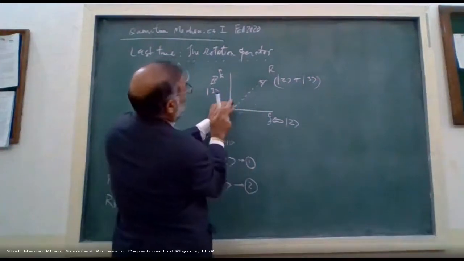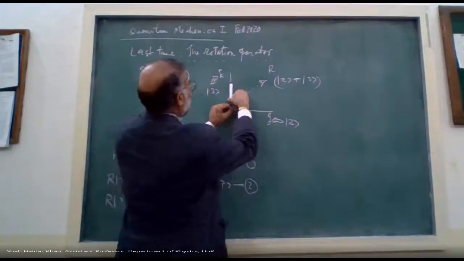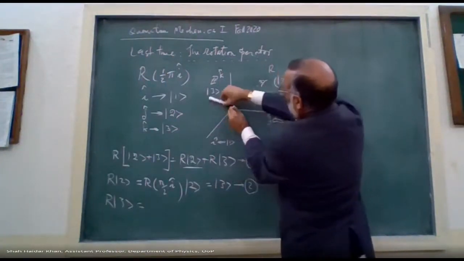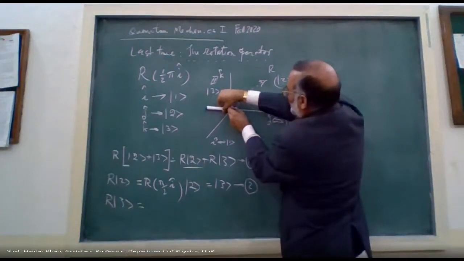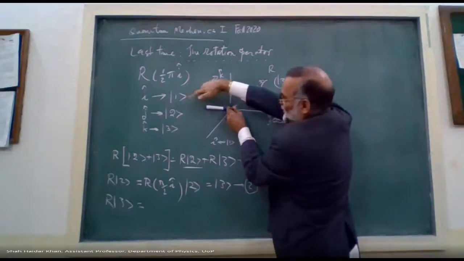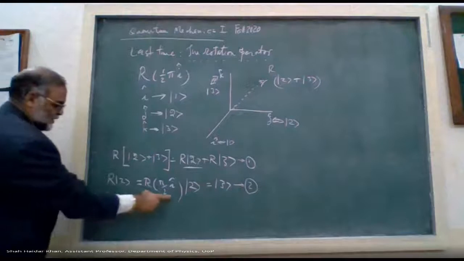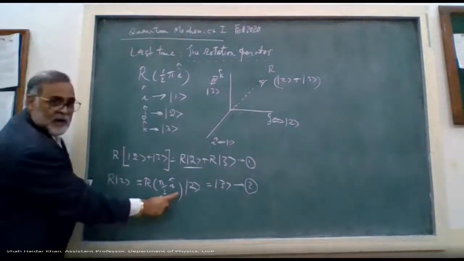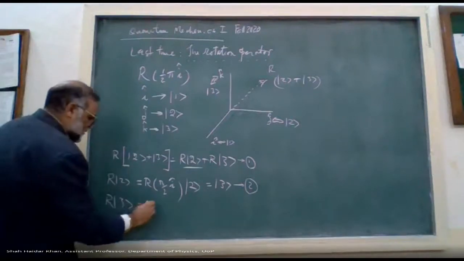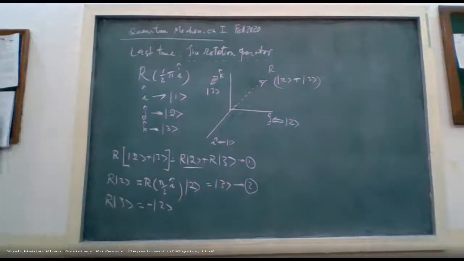This is x and our vector k1, and this is k3. So you rotate this anti-clockwise by pi by 2. So it will become like this. So this is k2, and this will be minus k2. So when this rotation, which we have defined like this, is applied to k3, it becomes minus k2, right?